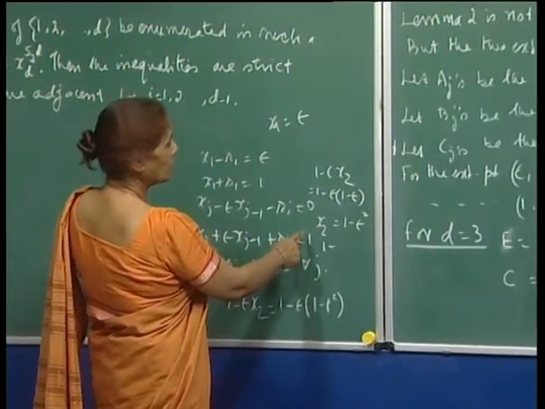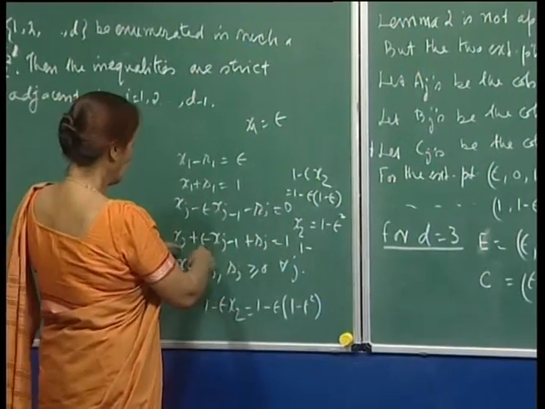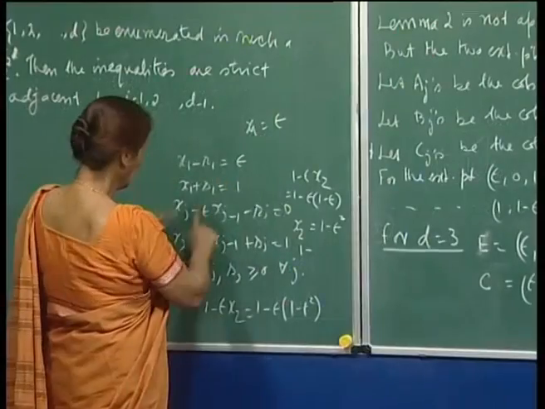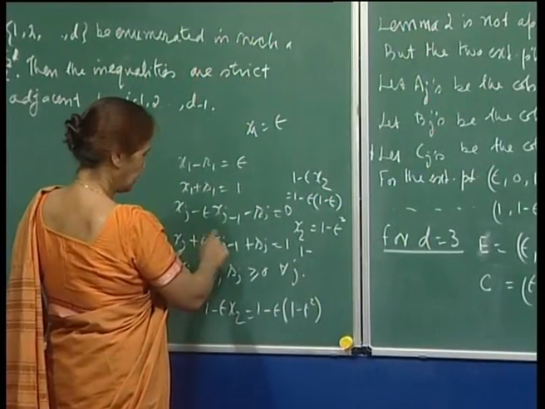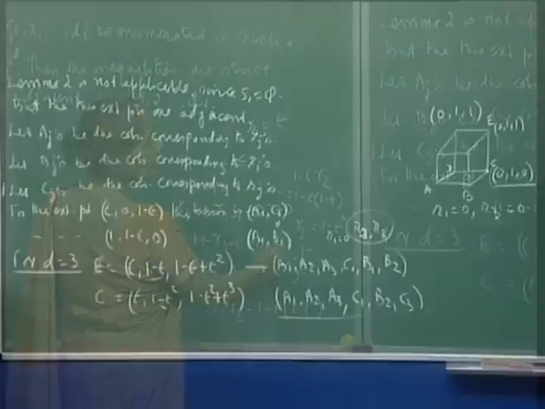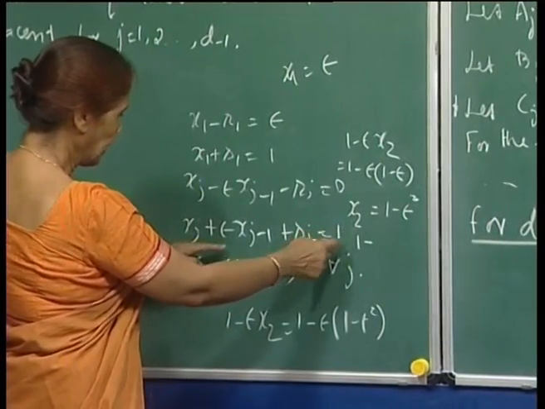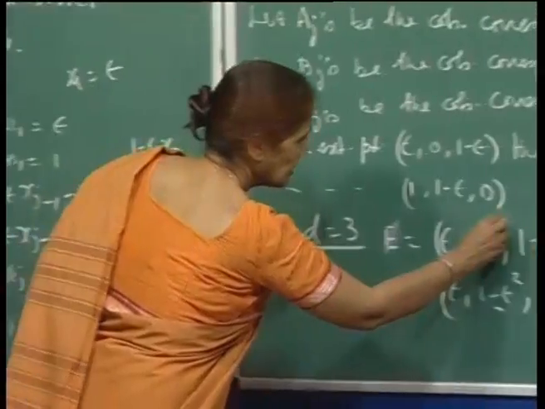Okay. So, I am writing the point 0 1 1. When R1 is 0, you have x1 epsilon. Then x2 would be, because S2 is 0, R2 is there in the basis. So, S2 is 0, therefore, this is 1 minus epsilon square.